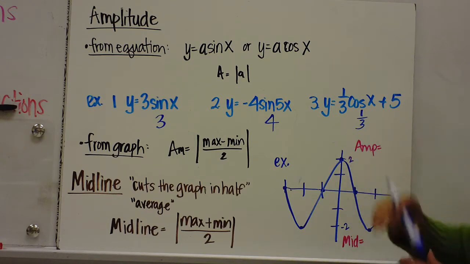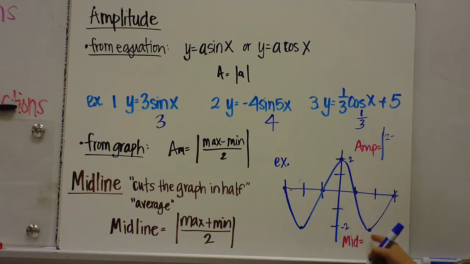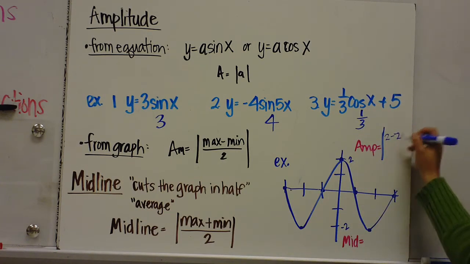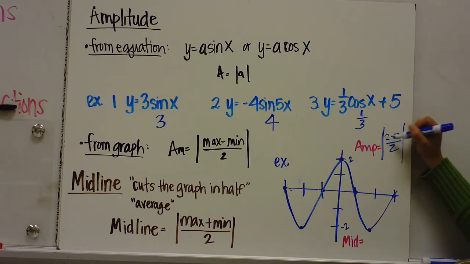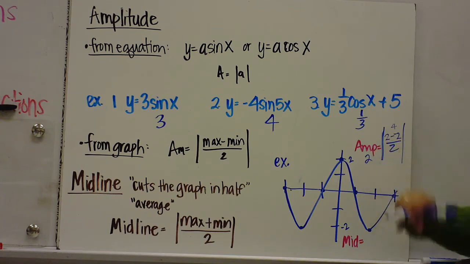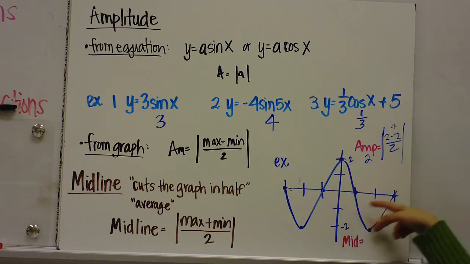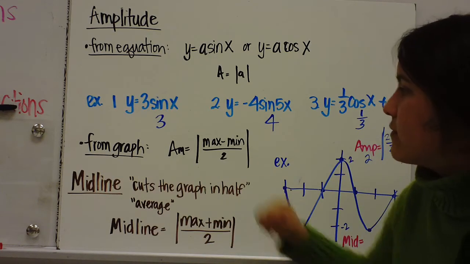So the maximum is 2, minus the minimum is negative 2, divided by 2. So 2 minus negative 2 is 4. 4 divided by 2 is 2, absolute value, so the amplitude is 2. And you can see because it's 2 above and it's 2 below the midline. So that's just an easy example.